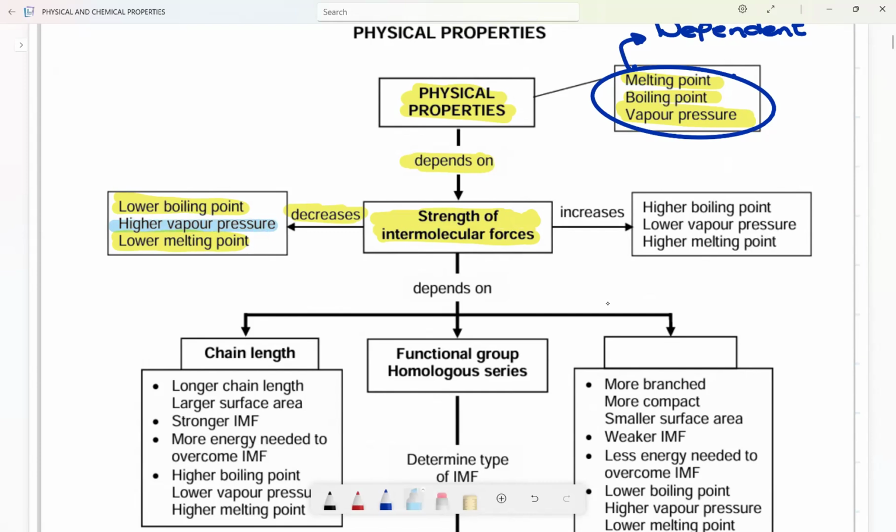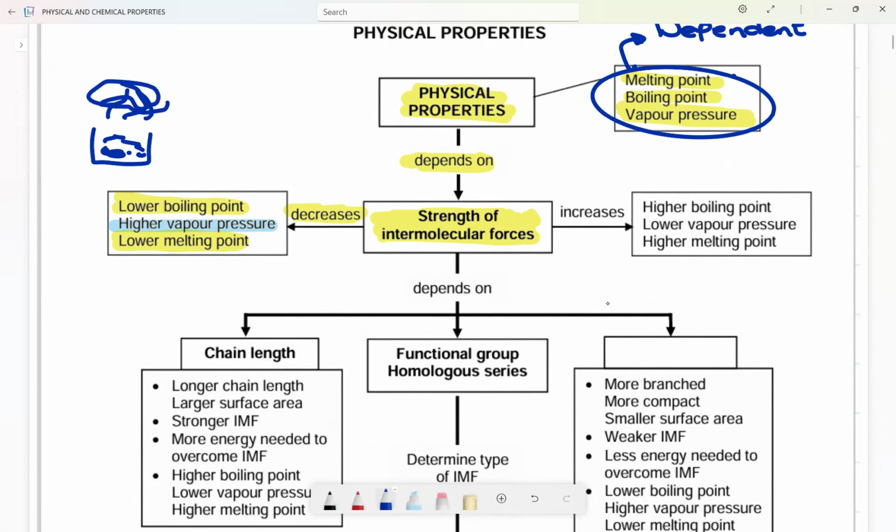Now what do we mean when the boiling point is low and the vapor pressure is high? Remember, when something boils, it reaches that stage where there is vapor. Let's talk about water. When water boils, there goes the vapor. So it is the vapor pressure.